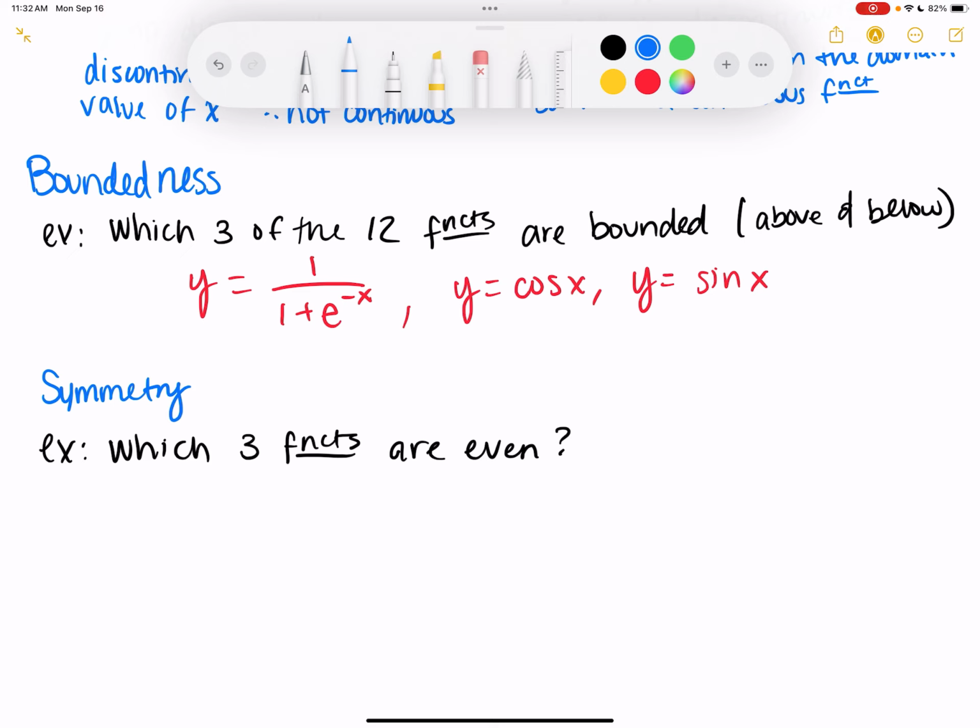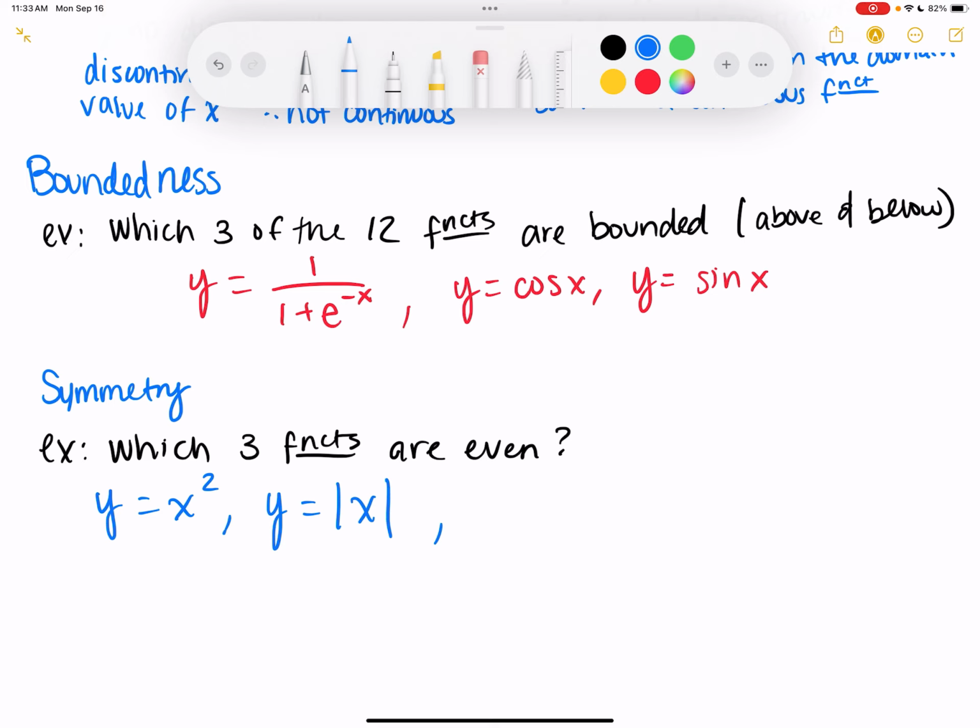So out of my list of 12, which 3 are even? Y equals x squared. Yep, y equals x squared. What else? Y equals the absolute value of x. Yep. And last one.